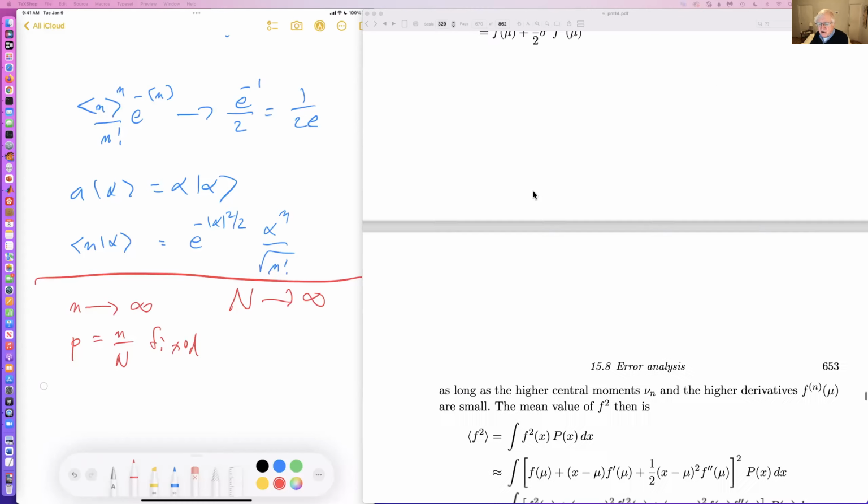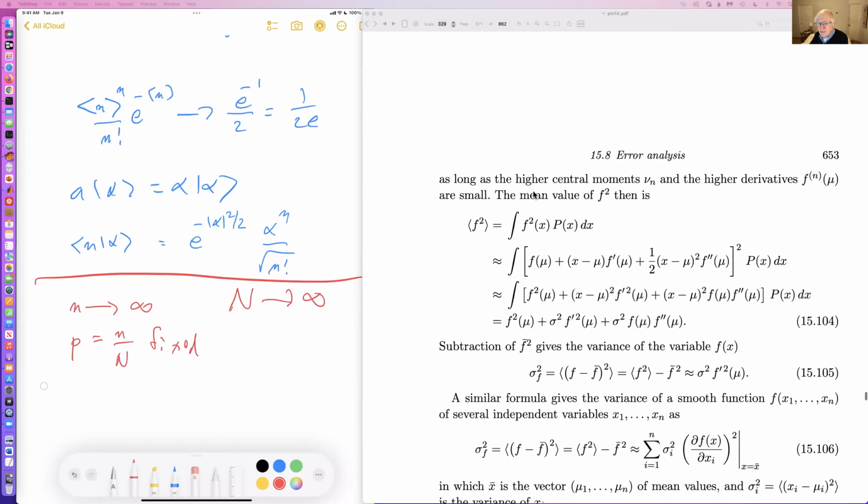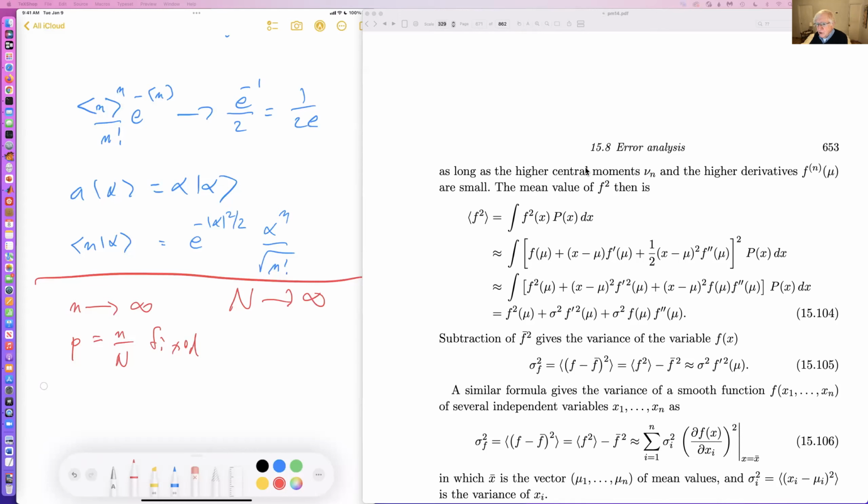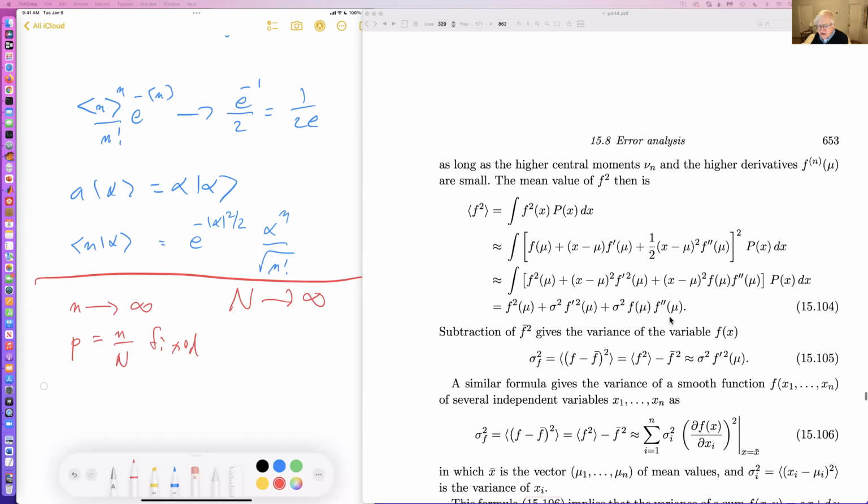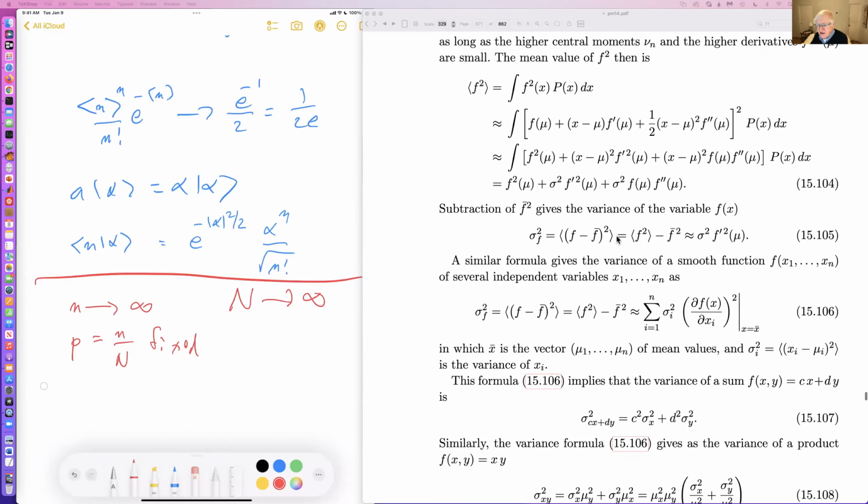And so this is our approximation, as long as the higher moments and higher derivatives are fairly small. Then the mean value of f squared, if you compute it like this, is this. And to find the variance, you get sigma squared times f prime squared at mu.